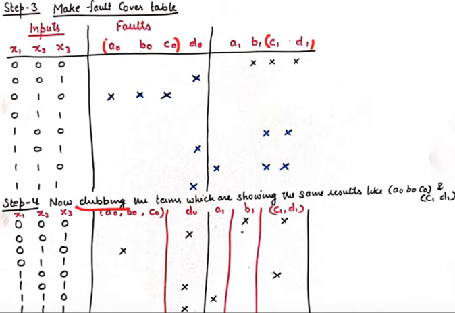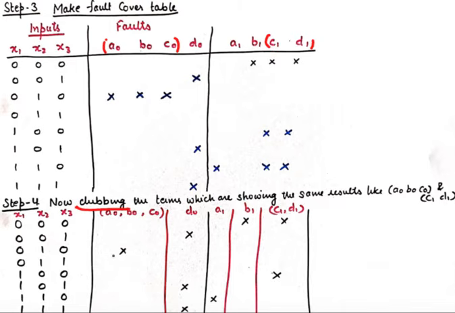Now, the next part is very interesting. In order to check what the essential input combinations are, they can be found out from checking these columns.